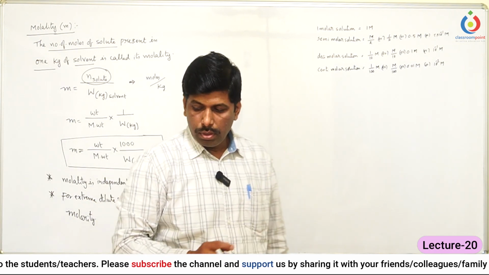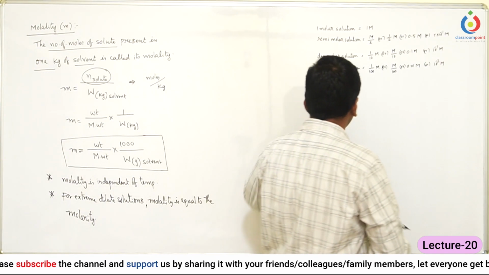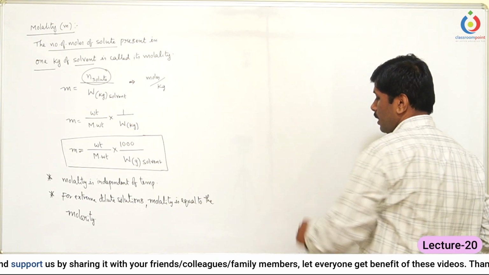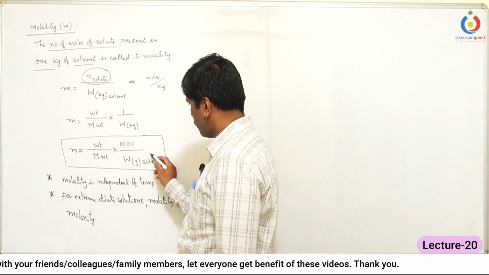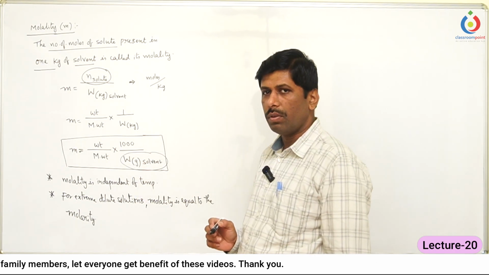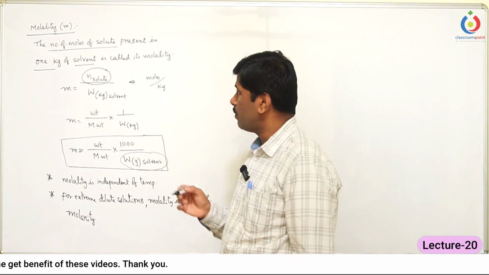Now let us solve some questions about molality and its terms. Here the mass of the solvent is given. Sometimes they don't give the mass of the solvent, but they give the density and other values.